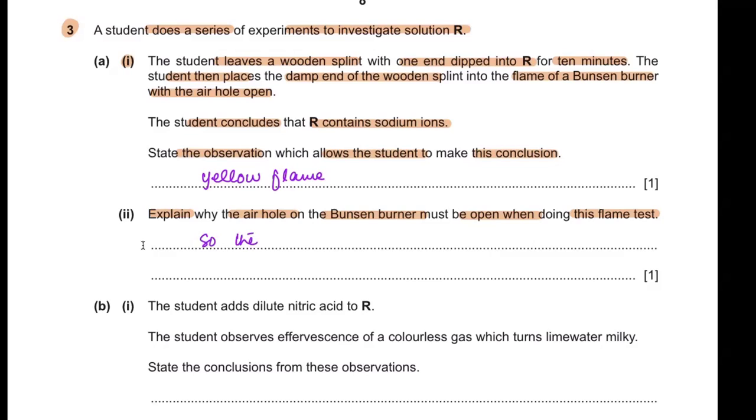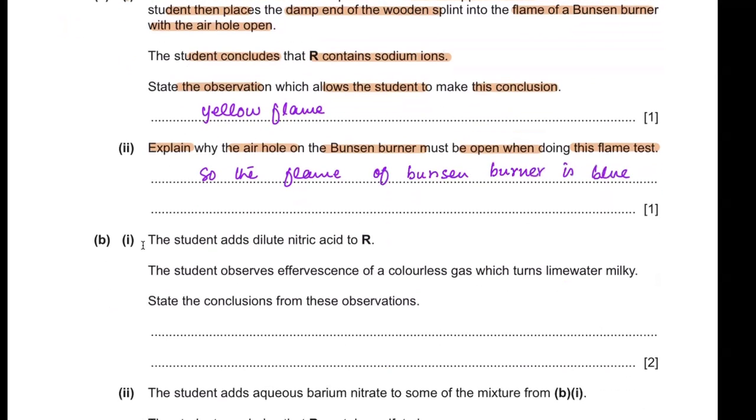Sir, I've seen questions where they ask, why isn't a yellow flame used? It has lesser energy. It is due to incomplete combustion. It gives you lesser energy. Okay. So the flame of the Bunsen burner is blue.